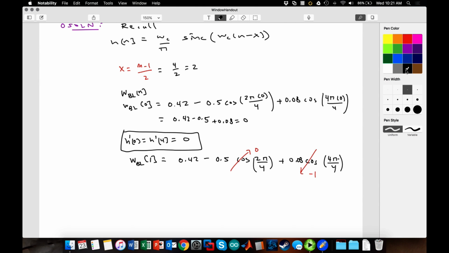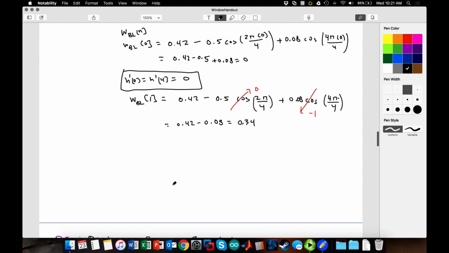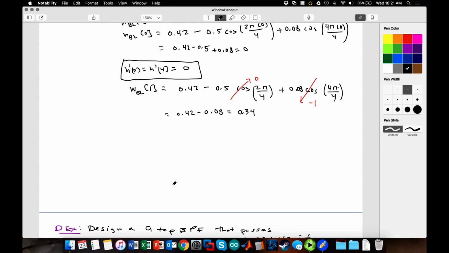So I'm going to have 0.42 minus 0.08, which is equal to 0.34. Then I multiply that by h at that point.